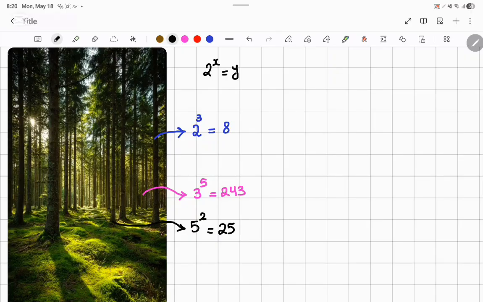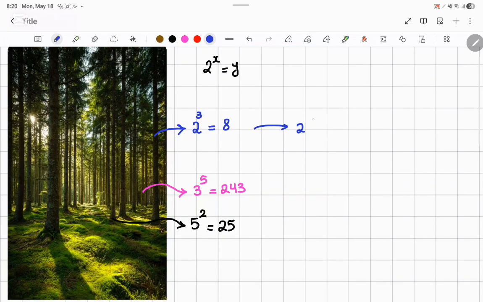So let's talk about log now and see what exactly it means, okay? As we said, there's a tree here, the blue one, that gets double in size every year. After how many years is the tree going to be 8 times bigger? After how many years?